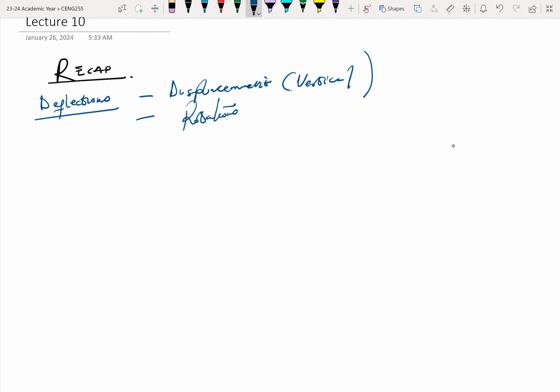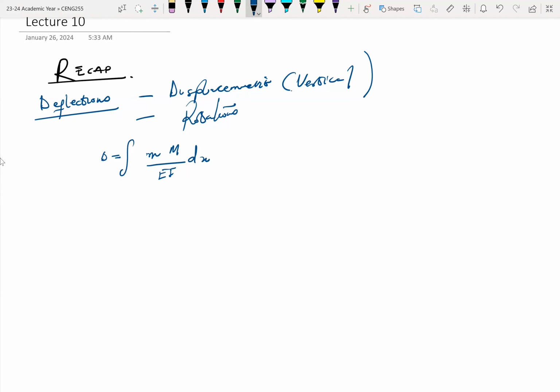And then we did mention that if you want to find the displacement, then it's the moment due to the virtual load, which is typically going to be the unit load, multiplied by the moment in a real beam, or the moment from the external loads, and then that should be divided by the EI, which is the flexural rigidity.